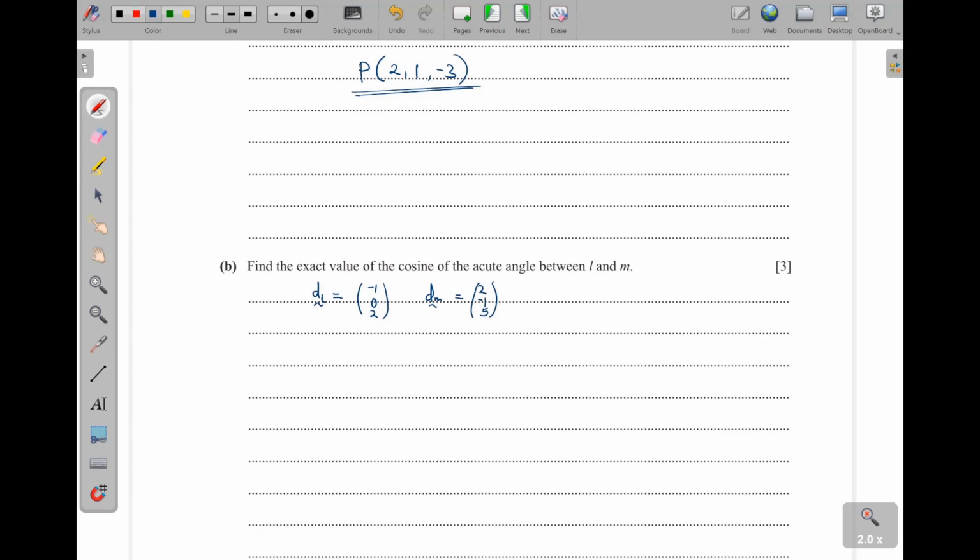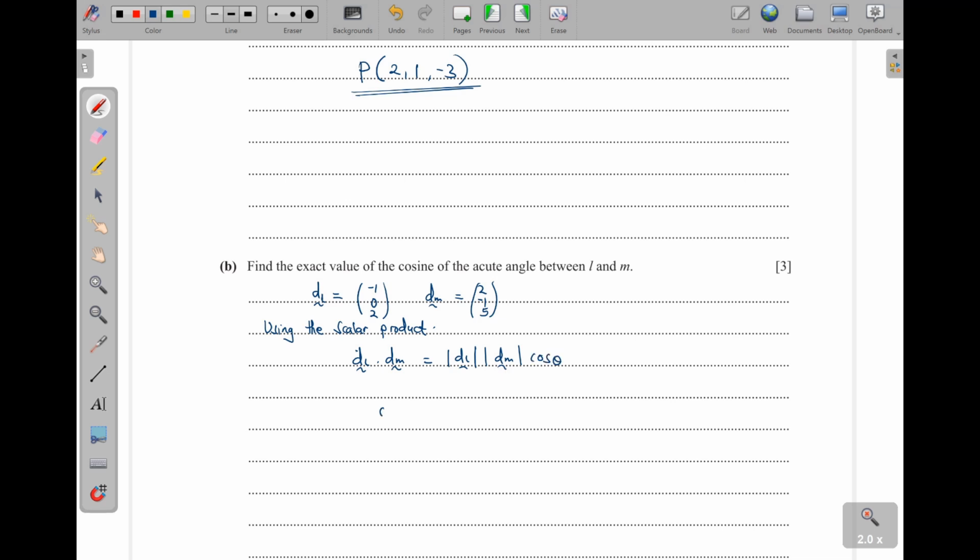Then from there, using the scalar product or the dot product, we shall have d of L dotted with d of M. This one will be the modulus of d of L, times the modulus of d of M, times cosine of theta.